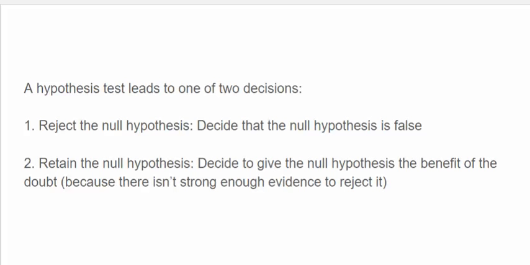So if you reject the null hypothesis, then that's just an inference because you might be wrong, the null might be true. And if you retain the null hypothesis, that's also just an inference because the null might be false. So no matter which way you go in a hypothesis test, you're only making an inference because you could be wrong after all.